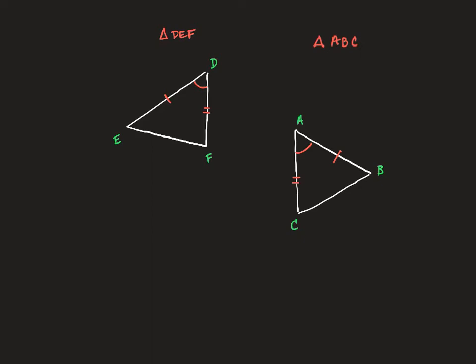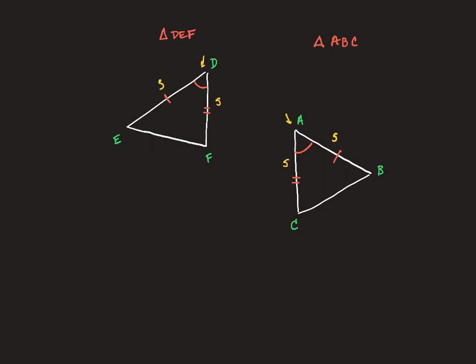Okay, well, I do have orientation here. So I have this included angle. D is my included angle here, and A is my included angle on the other triangle. And if we notice my two legs, we have this side here, DF, and then we have side AC, which seem to be corresponding sides, and then we have side AB, which corresponds to side DE.